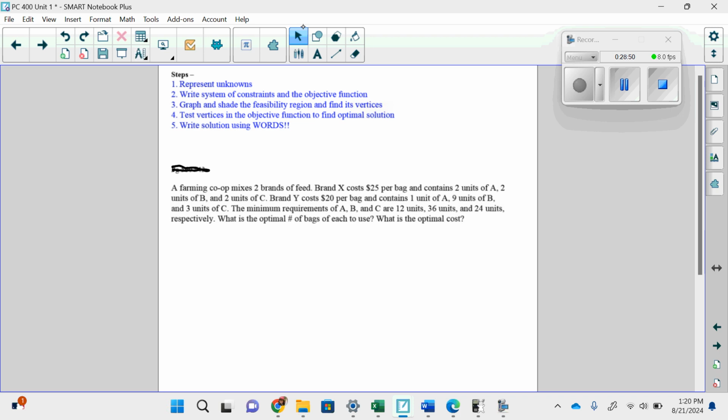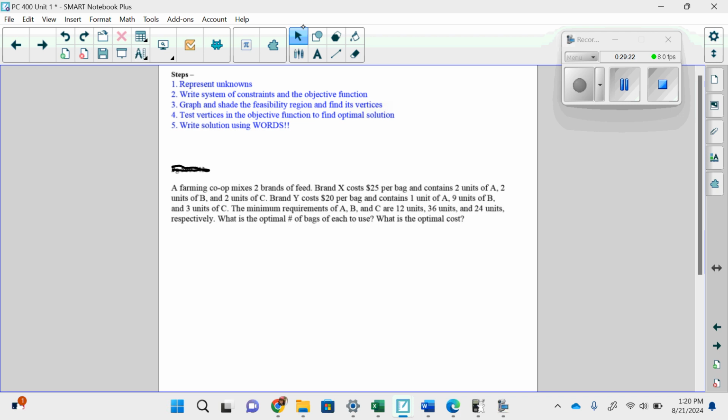So a farming co-op mixes 2 brands of feed. Brand X costs $25 per bag and contains 2 units of A, 2 units of B, and 2 units of C. Brand Y costs $20 per bag and contains 1 unit of A, 9 units of B, and 3 units of C. The minimum requirements of A, B, and C are 12 units, 36 units, and 24 units, respectively.